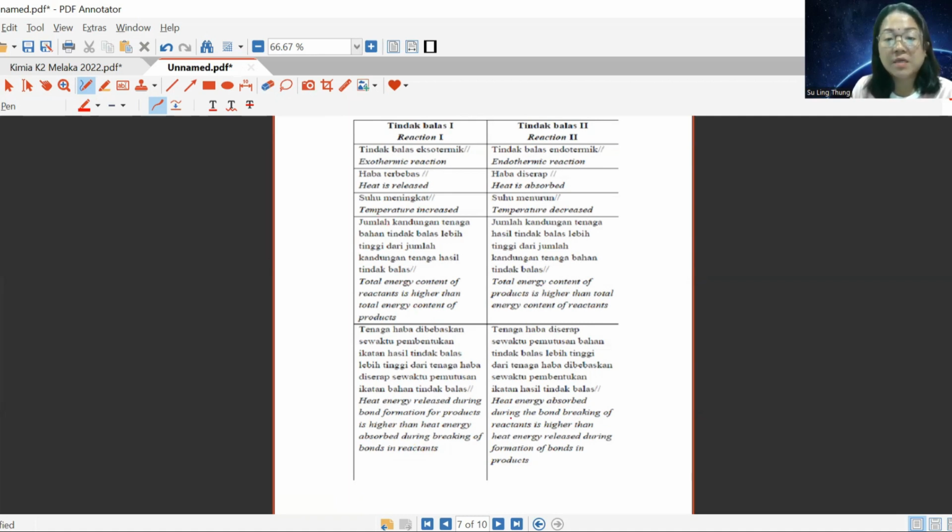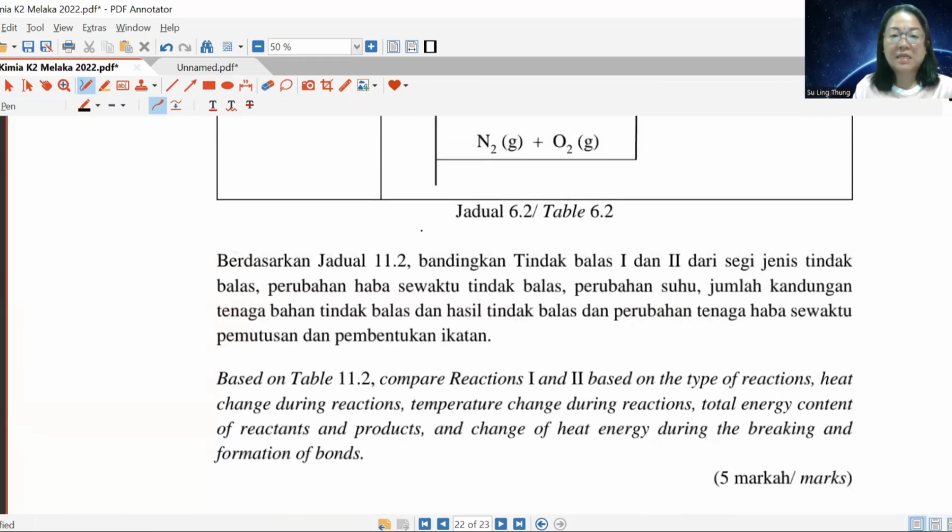In endothermic, heat energy absorbed during bond breaking of reactants is higher than heat energy released during formation of bonds in products. So basically all come in pairs: 1 mark, second mark, third mark, fourth mark, and the fifth mark. It looks like there's so much to memorize, but what you need to stick in your mind is that exothermic releases heat. Then from there you know what is going on.